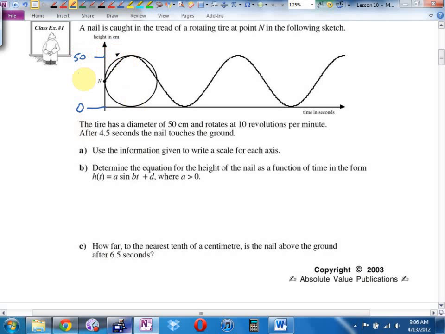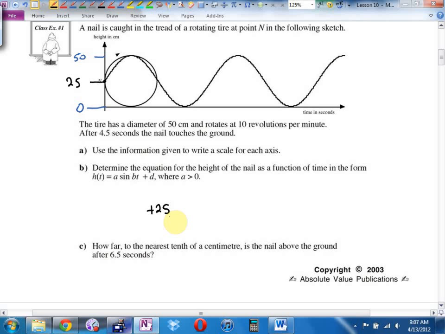Now those numbers are not going to appear in my equation, but I need those numbers so that I can conveniently find the middle. How high is the middle? 25, which tells me that as an equation, it's going to be a plus 25.